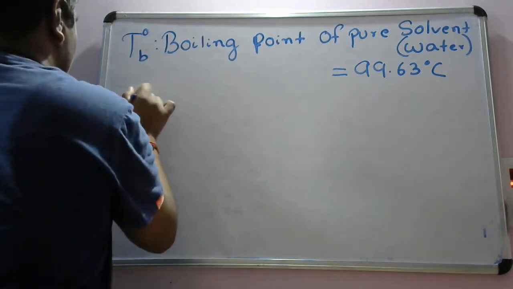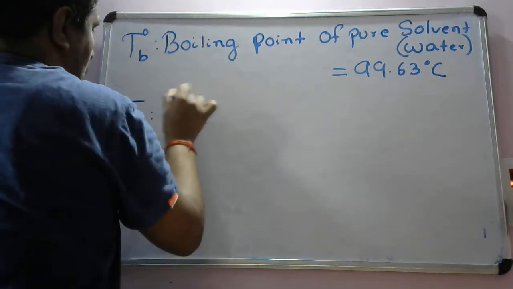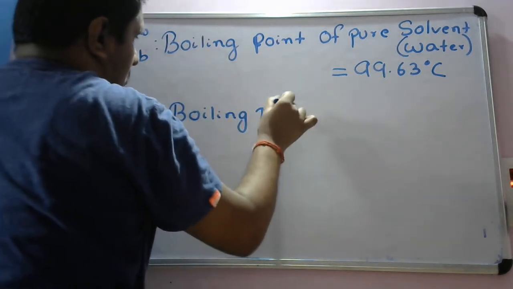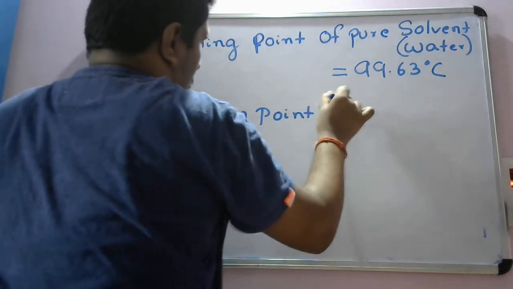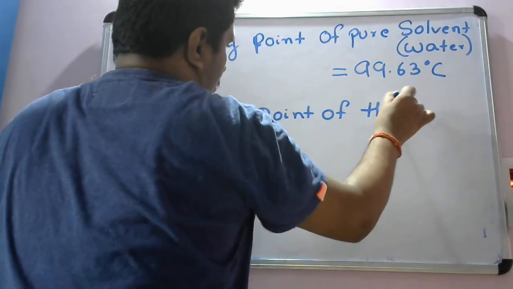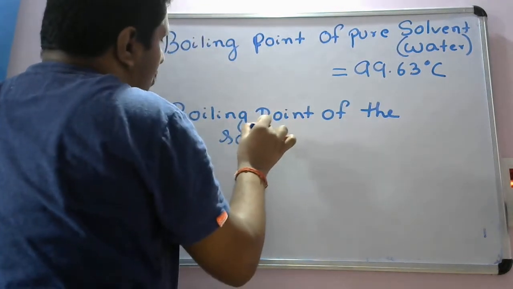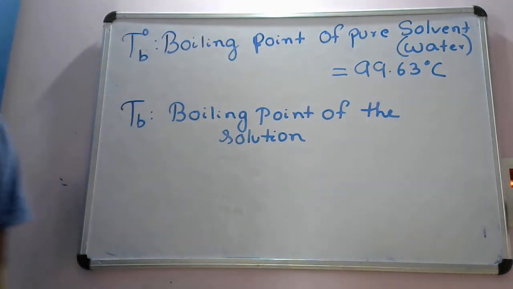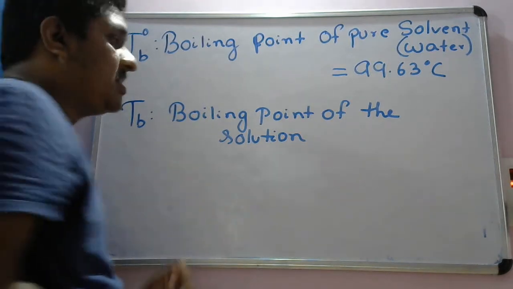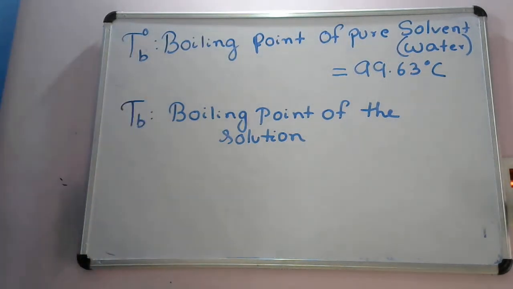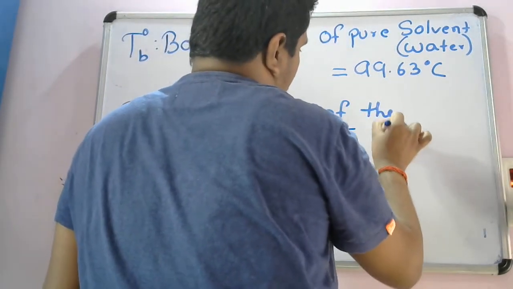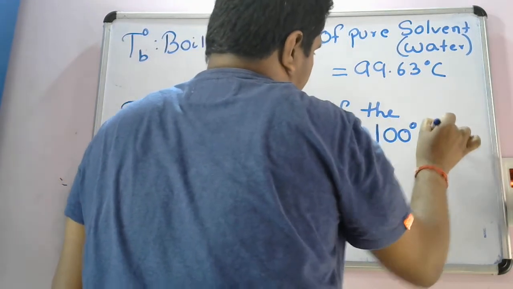Now, the boiling point of the solution: when our sucrose is added, what is the boiling point of the solution? That is represented by Tb, and it is given as 100 degrees Celsius.